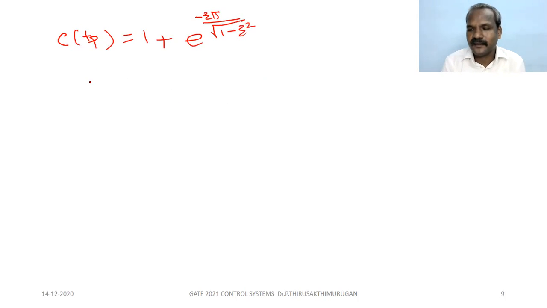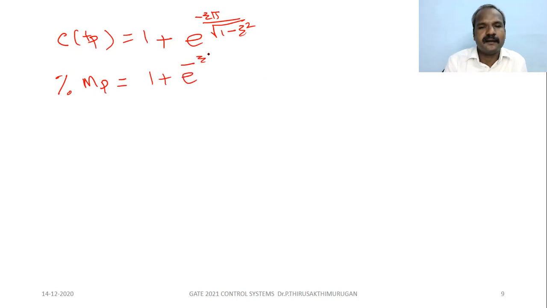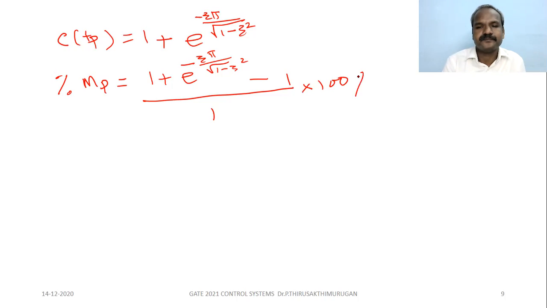So now what is percentage MP? Percentage overshoot equal to C of Tp minus C of infinity, that is 1 plus e to the power minus zeta pi divided by square root of 1 minus zeta square, minus 1, divided by 1, into 100%. So 1 cancels.